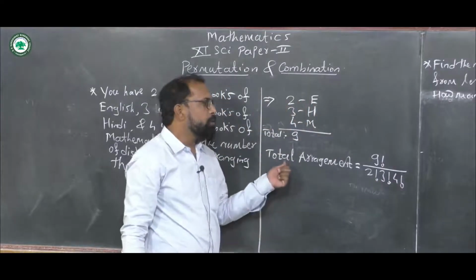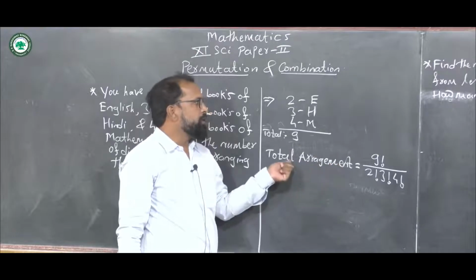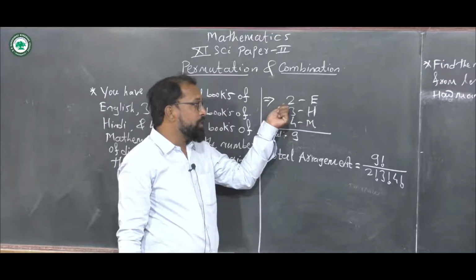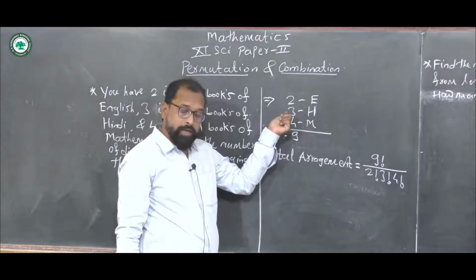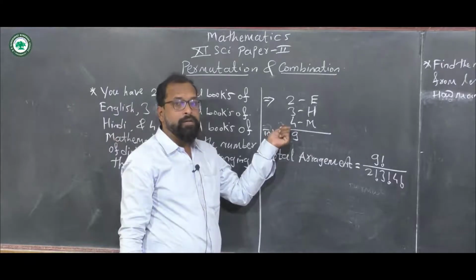These are the total number of ways in which we can arrange these 9 books, in which 2 English, 3 Hindi and 4 mathematics books are identical.